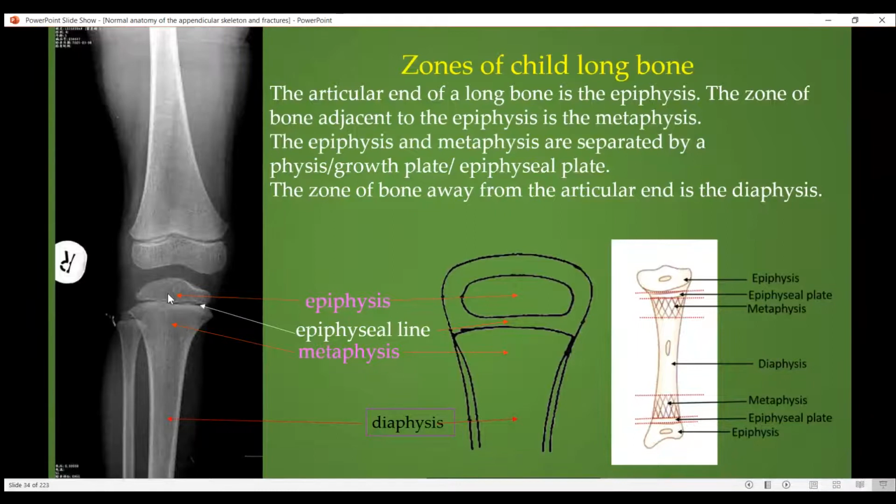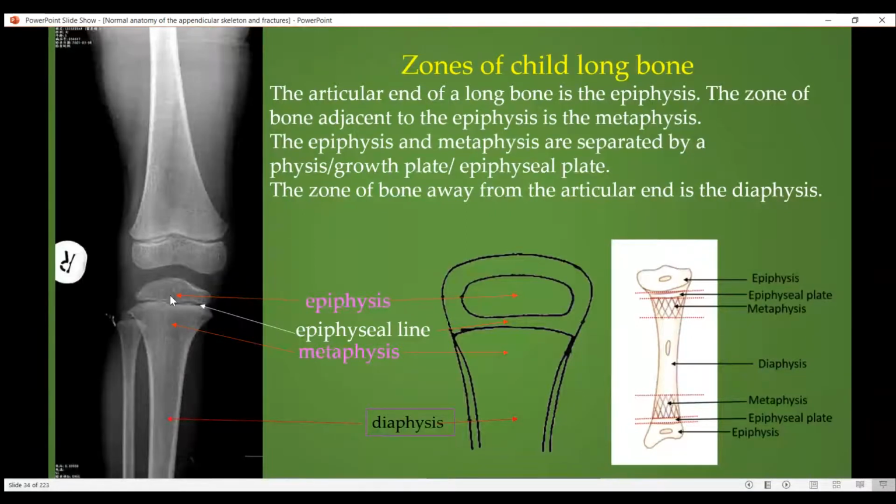You have to mention whether it is the proximal epiphysis or the distal epiphysis you are looking at, and that will have different zones of classification. We will also have different times of ossification at a given age, right?